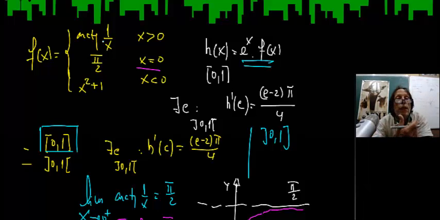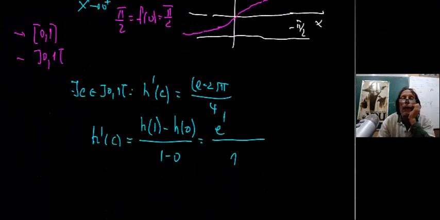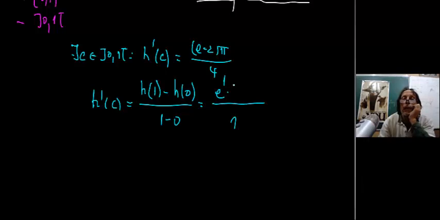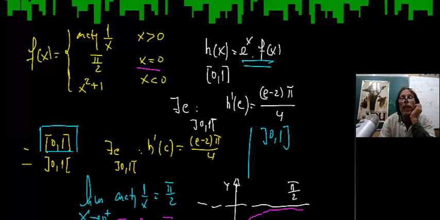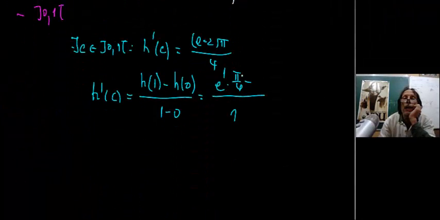The arctangent of 1 is pi over 4. I'm so sorry if you don't know this. So I write pi over 4 minus h at the point 0. h at the point 0 is equal to a to the exponent 0, which is 1, times f at the point 0, which is pi over 2. So I get here pi over 2.